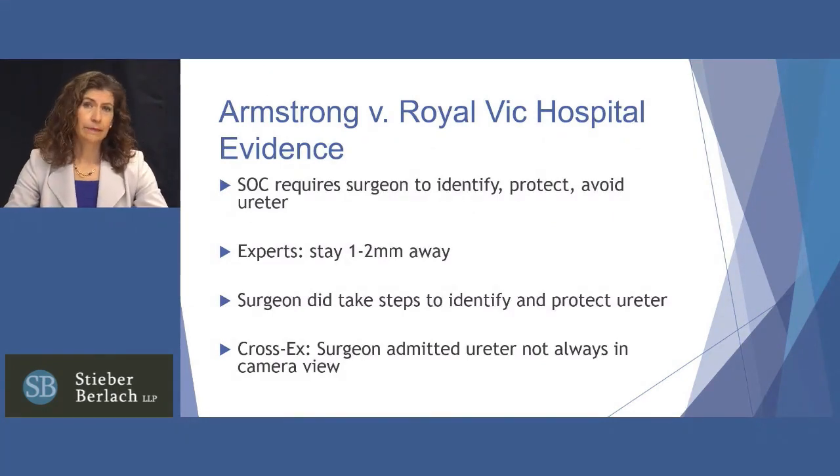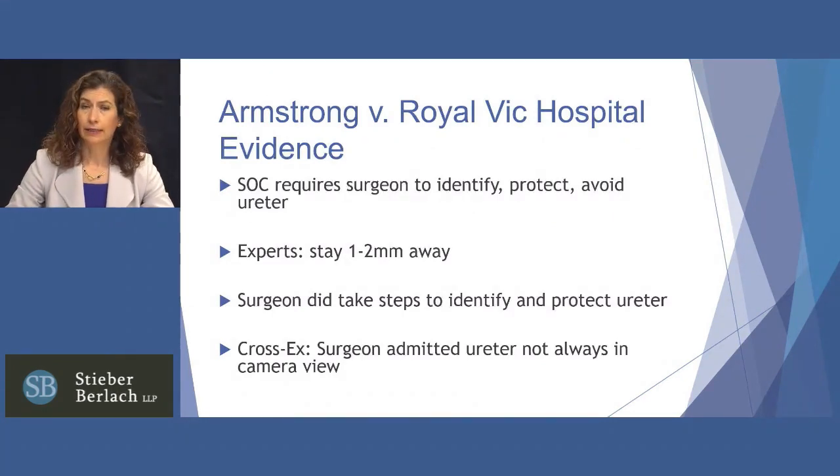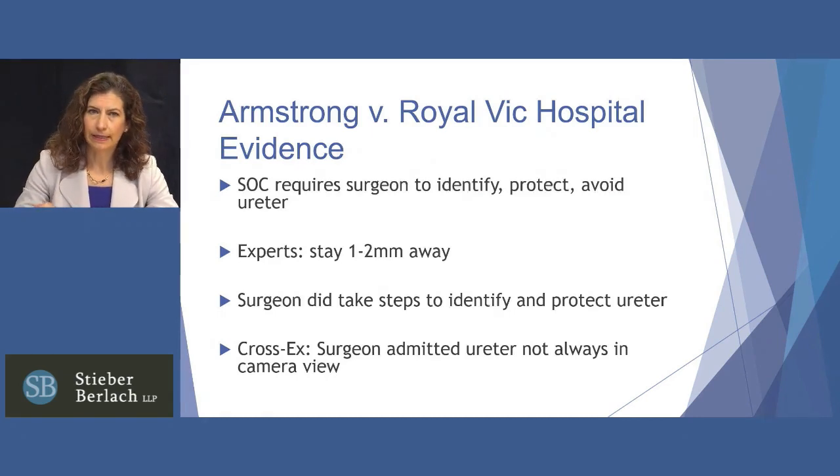It was accepted by both sides and the experts that the standard of care of a surgeon practicing in these types of circumstances required the surgeon to first of all identify, take steps to protect, and then avoid the ureter during surgery. I should point out that this is all laparoscopic surgery, so it's being done by camera.